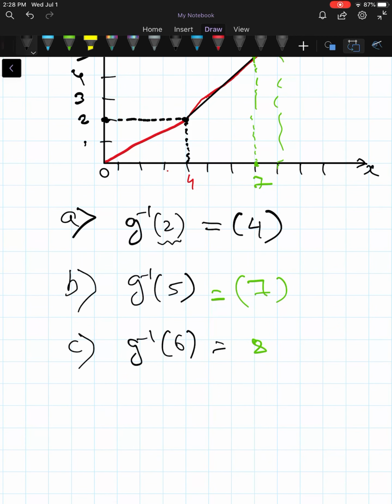Okay, moving further, we will learn about the inverse function property.